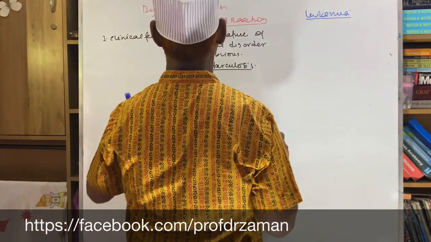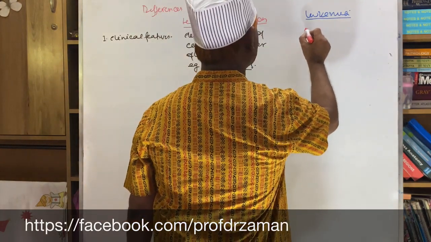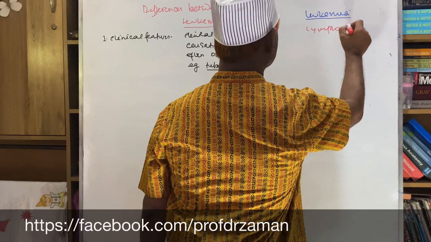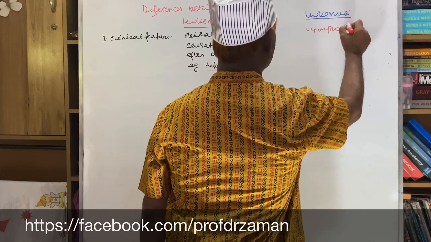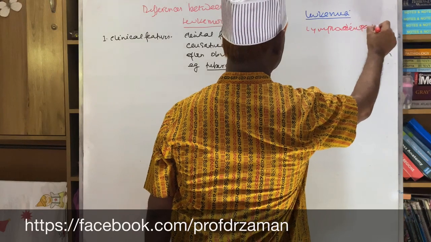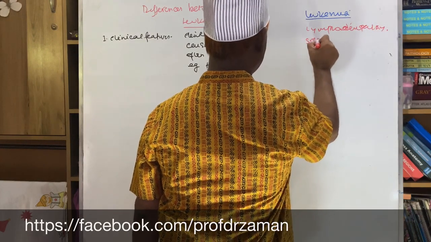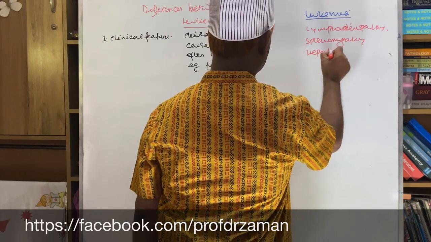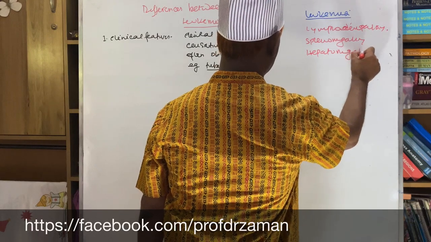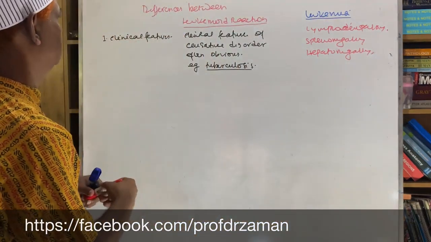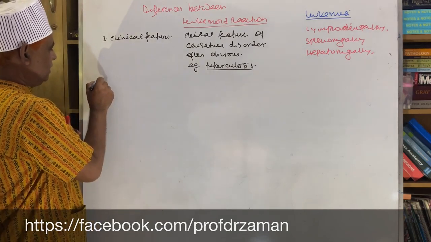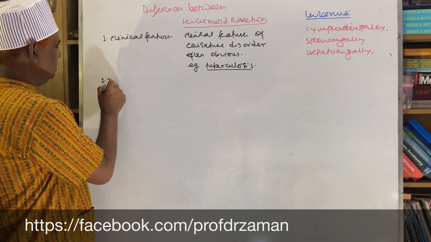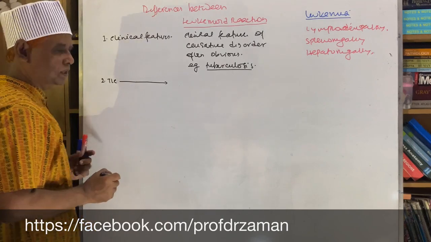Then clinical features in case of leukemia may be lymphadenopathy, there may be splenomegaly, hepatomegaly. Then total leukocyte count, TLC.